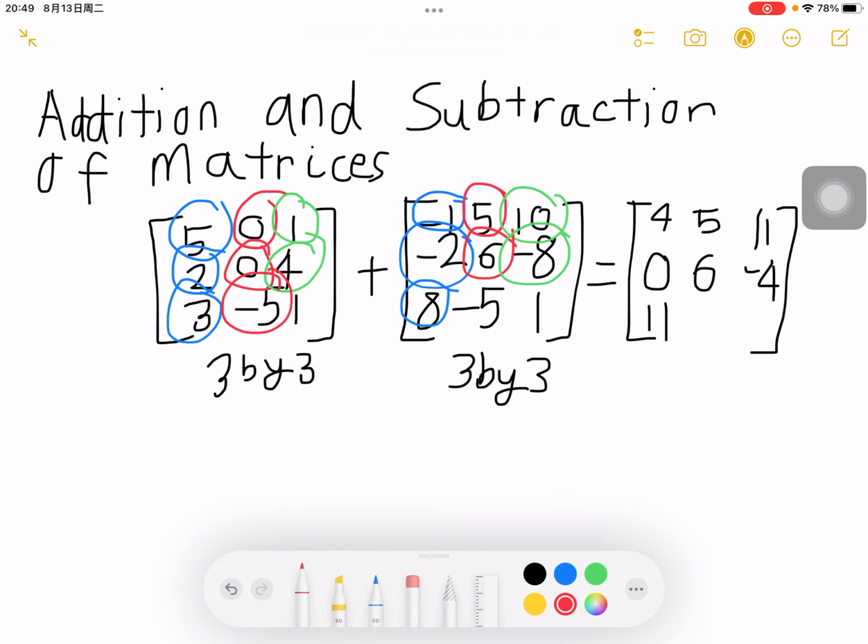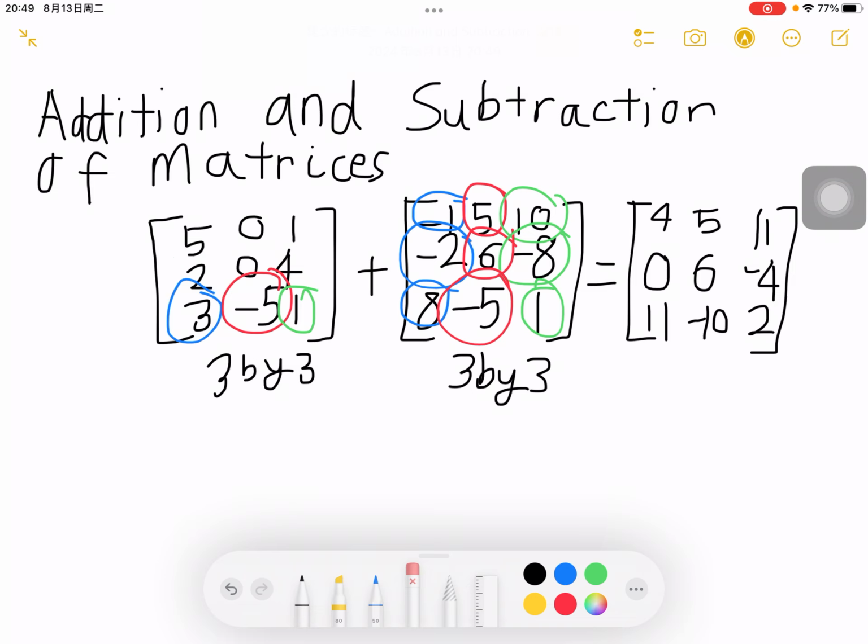Now 1 plus 1 is just 2. So this is our answer. If we just add these matrices together, then we get the resulting 3 by 3 matrix. 4, 5, 11, 0, 6, negative 4, 11, negative 10, and 2.